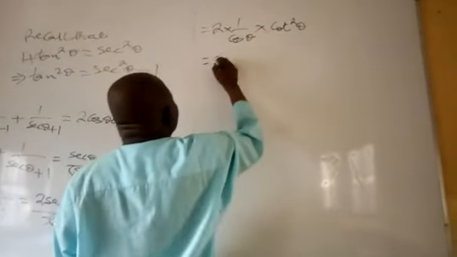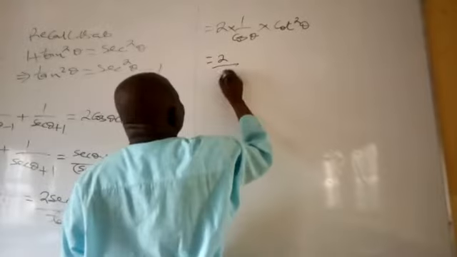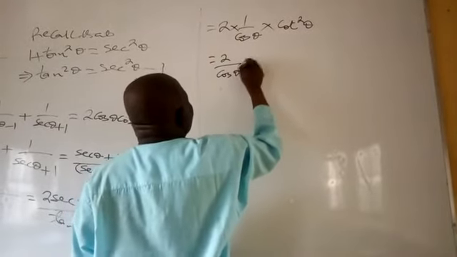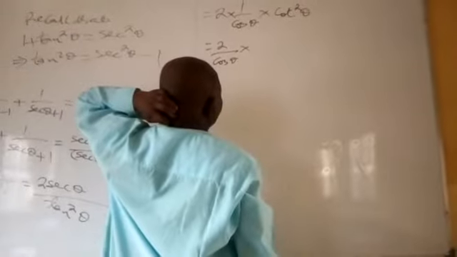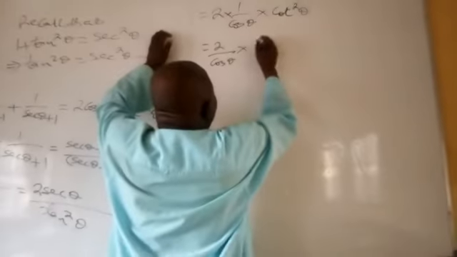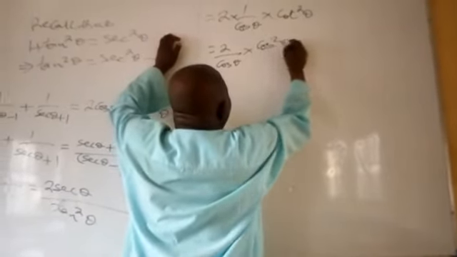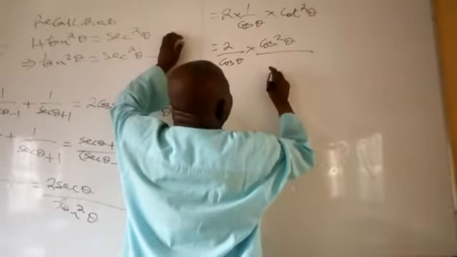So that is the same thing as 2 over cos theta times cos square theta over sin square theta.